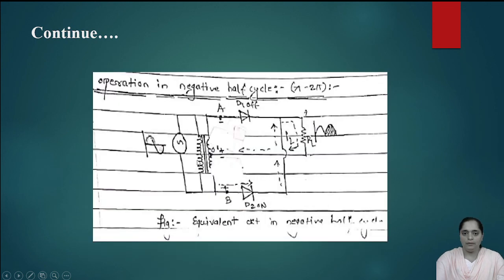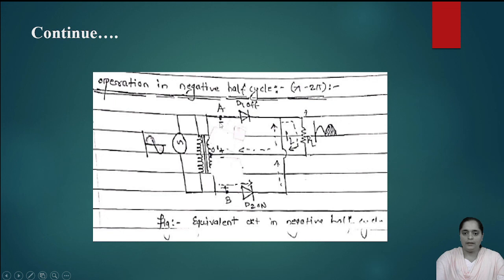In same way, we will proceed for the negative half cycle. Here, we just change the polarities of the particular induced voltages. So here we have considered negative point, negative point and positive point. These are the polarities of the secondary induced voltages.